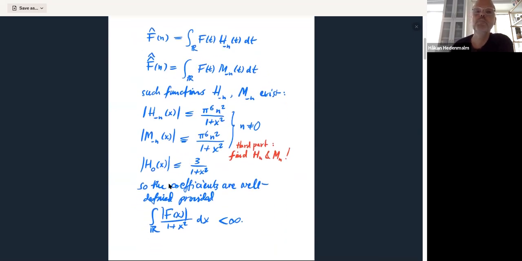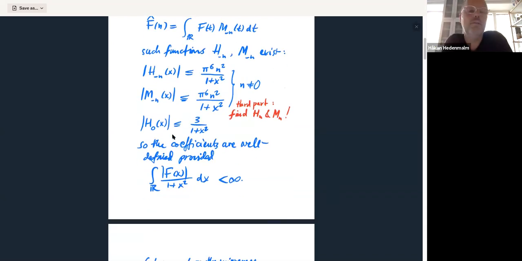Okay. Now, I told you there were these coefficients. So how to get them? In fact, it's very easy. You just integrate f against a system of functions. These functions called here h with index minus n, and m with index minus n. And what kind of properties would they have?